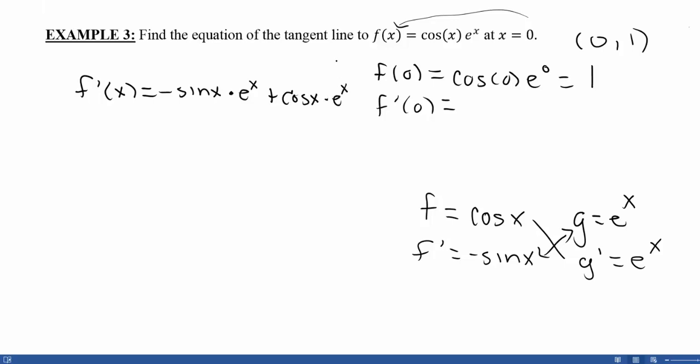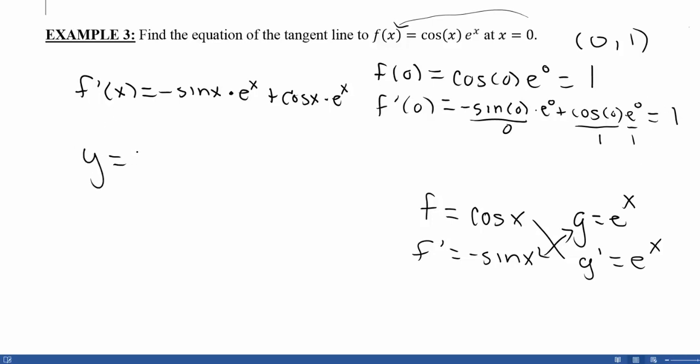So if I want to know the derivative at 0: negative sine of 0 times e to the 0 plus cosine of 0 times e to the 0. Now sine of 0 is 0, so 0 times 1 is 0. And then cosine of 0 is 1, and e to the 0 is 1. So I have 0 plus 1 equals 1. So the slope of my line is 1.